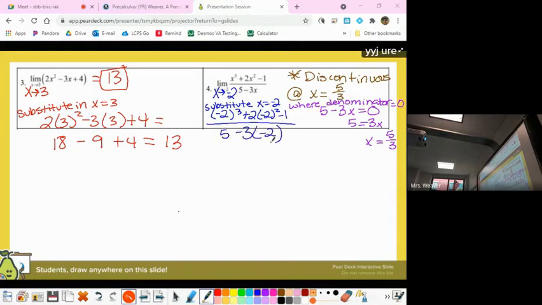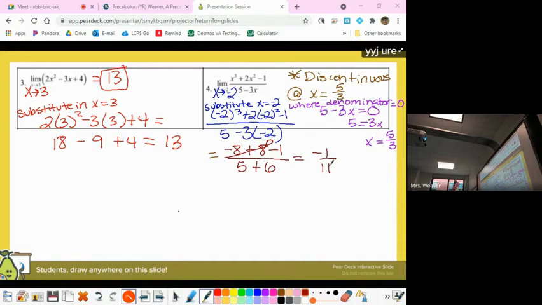So I'm substituting it in, and then we just get to quickly do a little arithmetic in our head. So -2 cubed is going to be -8. -2 squared is 4 times 2 is +8, minus 1 over 5 minus 3 times -2 is -6, minus the negative is +6. So 8 and -8 cancel each other out. That gives me -1 over 11.